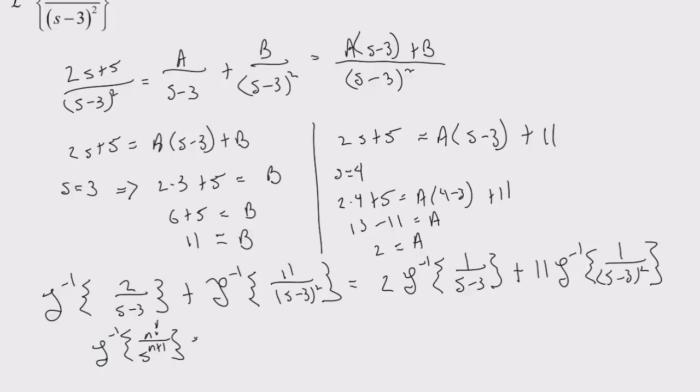So that would be t to the n. Okay, so that's the one we're going to use in this case. So 2e to the 3t plus 11 e to the 3t times t. And there we go.